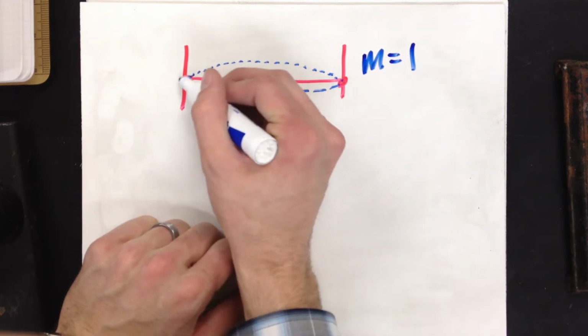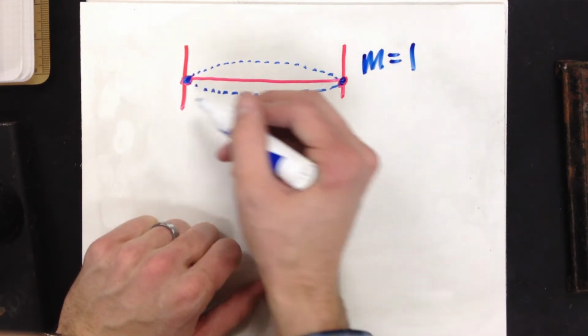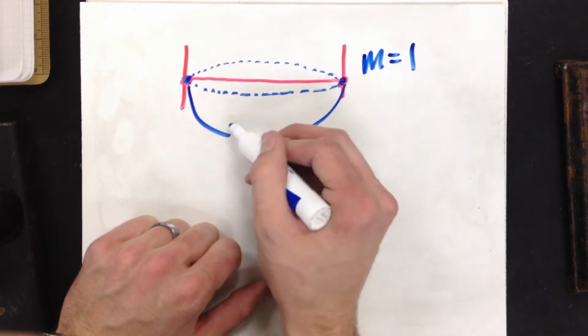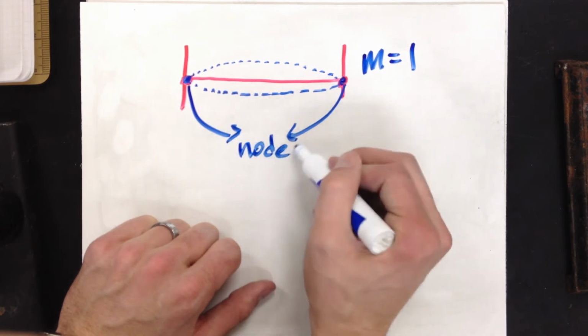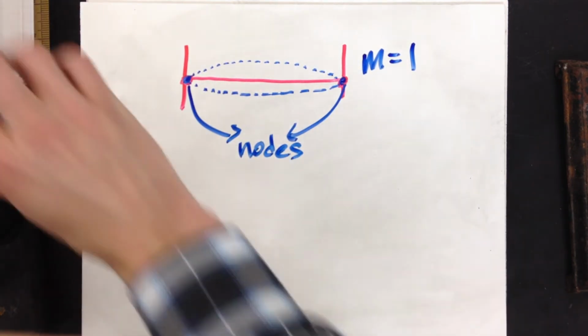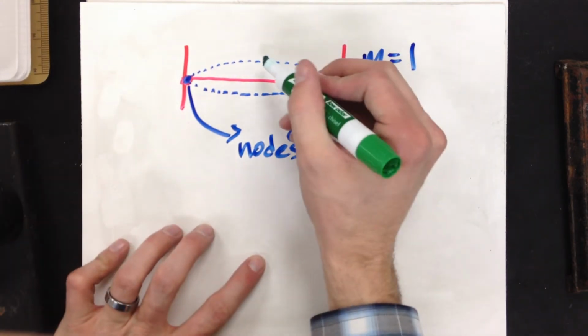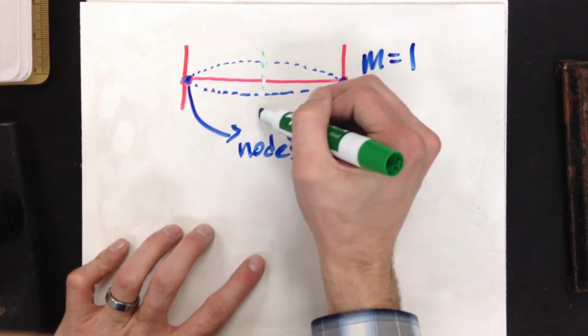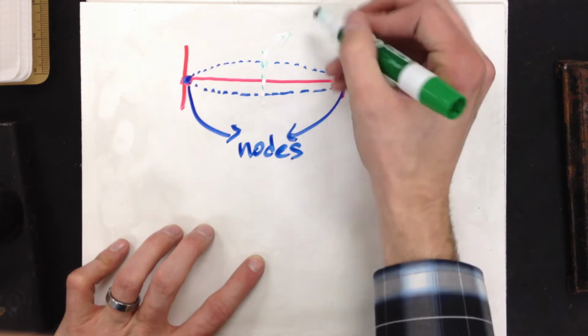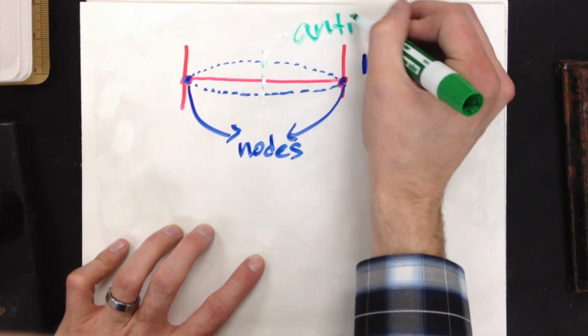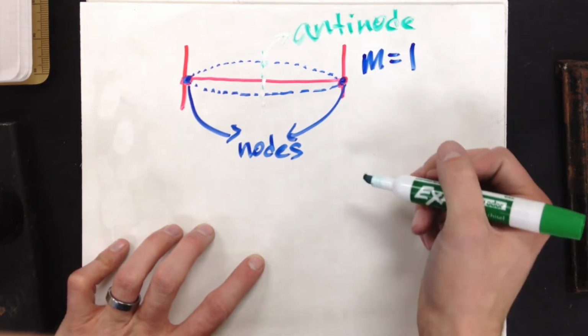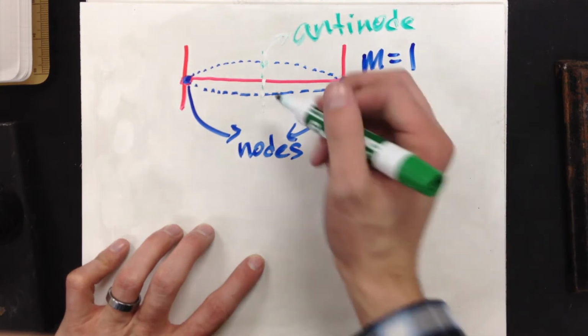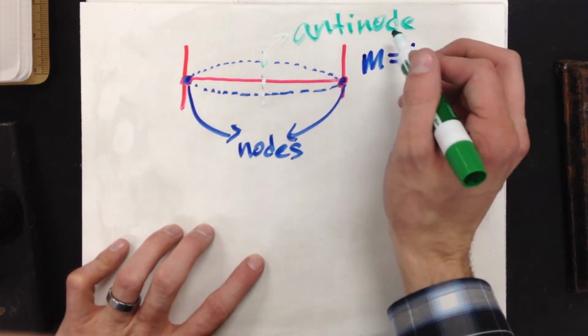Now, these two positions here where there is no movement, those are called nodes. This position here where I have maximum displacement, that position is the antinode. Okay? So, maximum displacement, antinode.